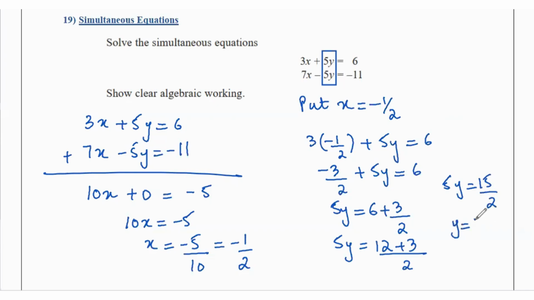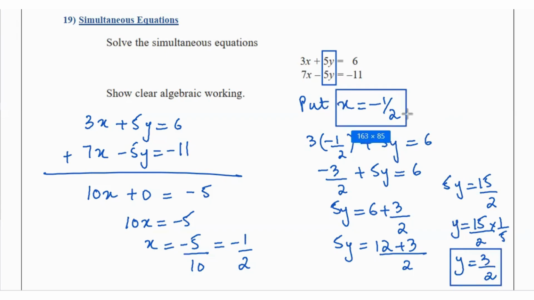And y is going to be 15 over 2 times 1 over 5, which is 3 over 2. So when x is negative 1 over 2, y is 3 over 2, and that is your final answer.